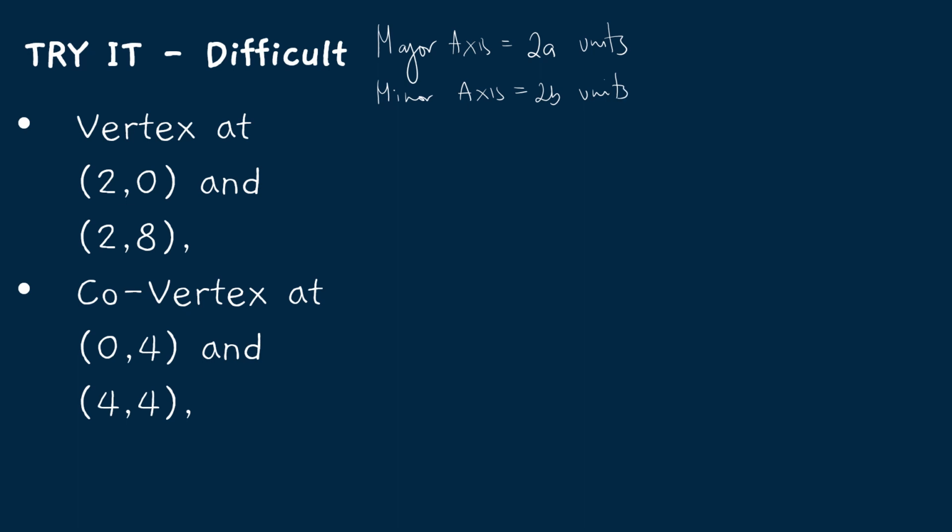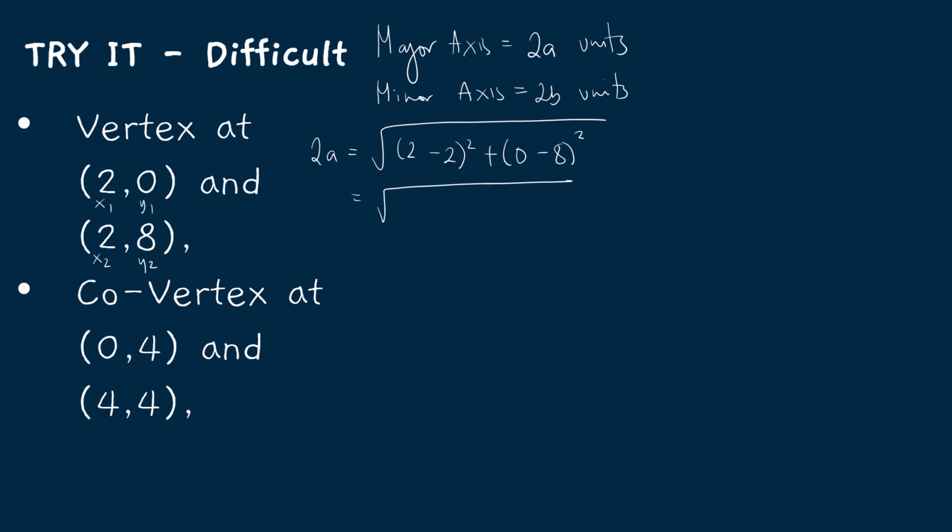Given this information, we can solve for the distance between two points by using the distance formula, with x sub 1, x sub 2, y sub 1 and y sub 2. If 2a is equal to the major axis, using these two coordinates we have the square root of (2 minus 2) squared plus (0 minus 8) squared. 2 minus 2 is 0, so you are left with negative 8 squared, which is the square root of 64, and that's the value of your 2a.